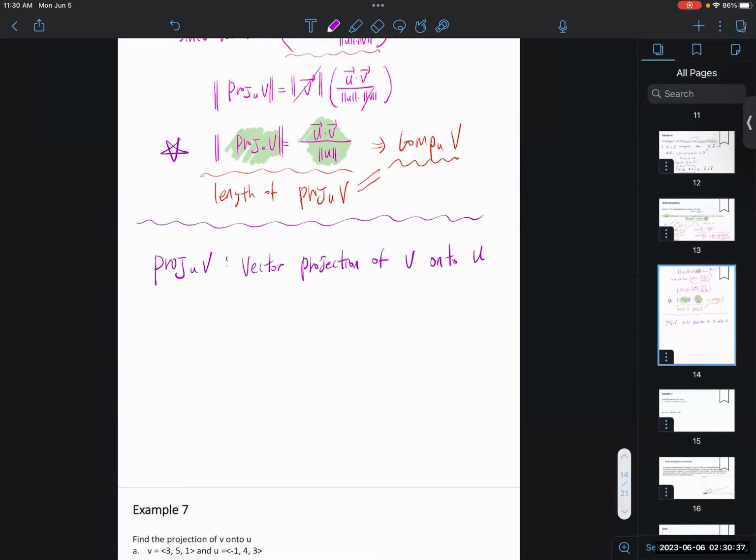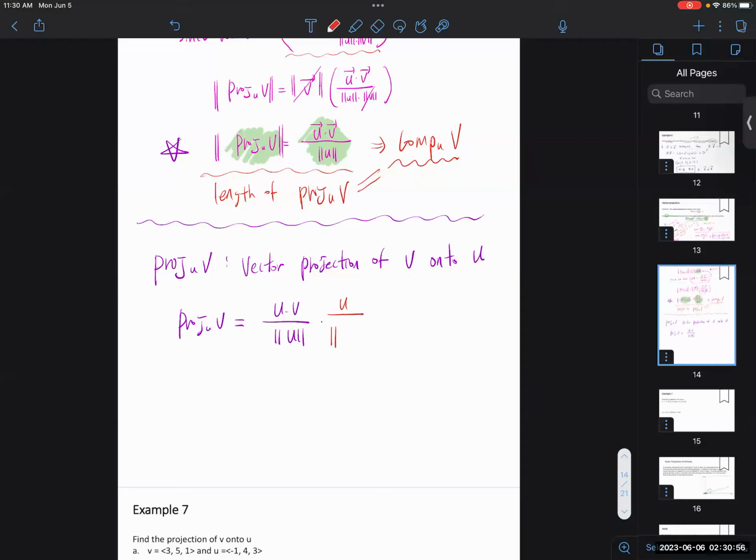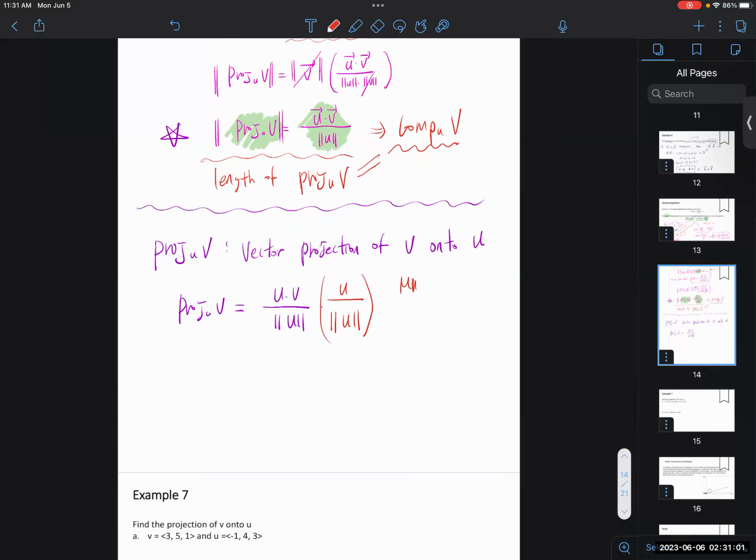So this time, we found out projection UV. We already know this is going to be the U times V over U. But if you multiply with the unit vector, do you remember the unit vector? U over magnitude. This is a unit vector. So if you multiply with the unit vector, you can find out just the vector projection of V onto U, which is not the length.